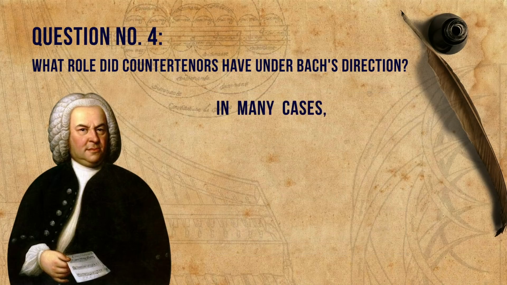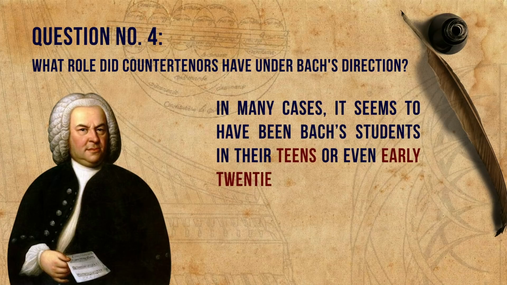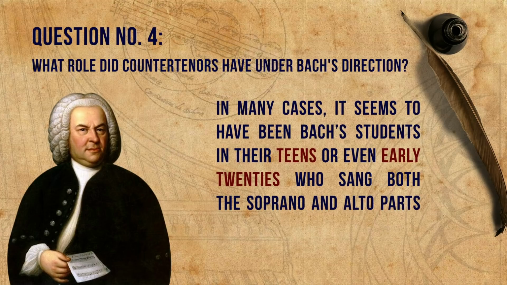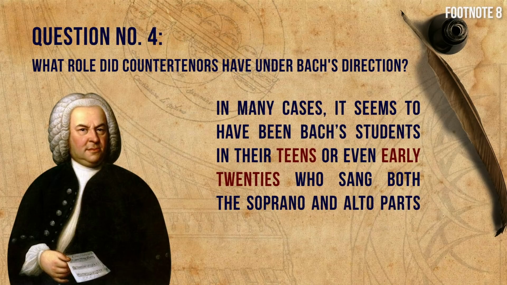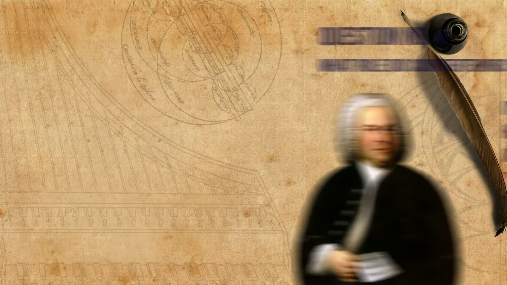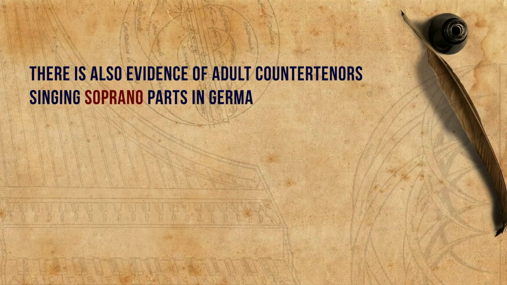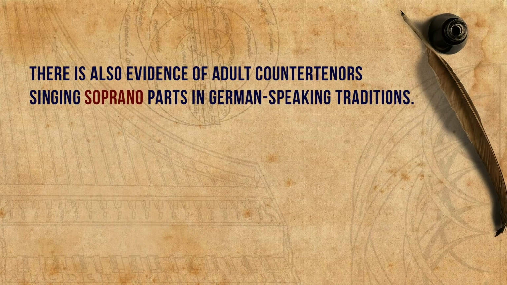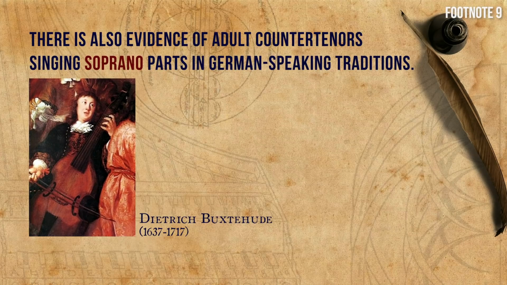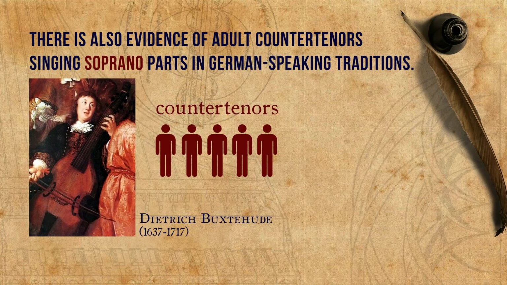In many cases, it seems to have been Bach's students in their teens or even early 20s who sang both the soprano and alto parts, perhaps even blurring traditional boundaries between countertenors and boys. There is also evidence of adult countertenors singing soprano parts in German-speaking traditions. All of Buxtehude's soprano soloists, for example, seem to have been adult men, that is, countertenors.